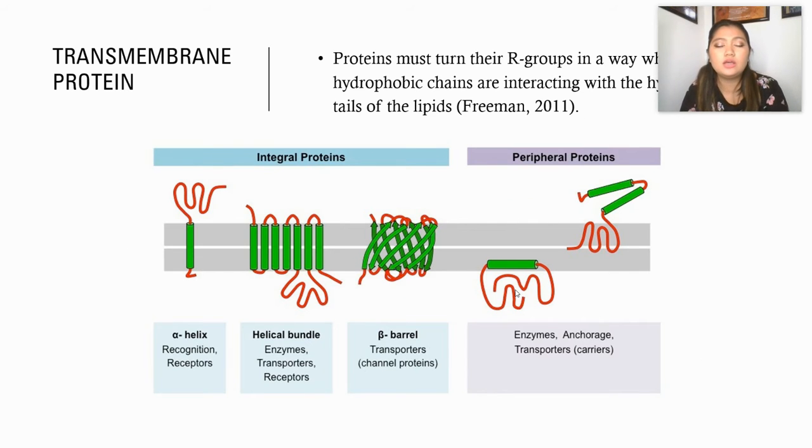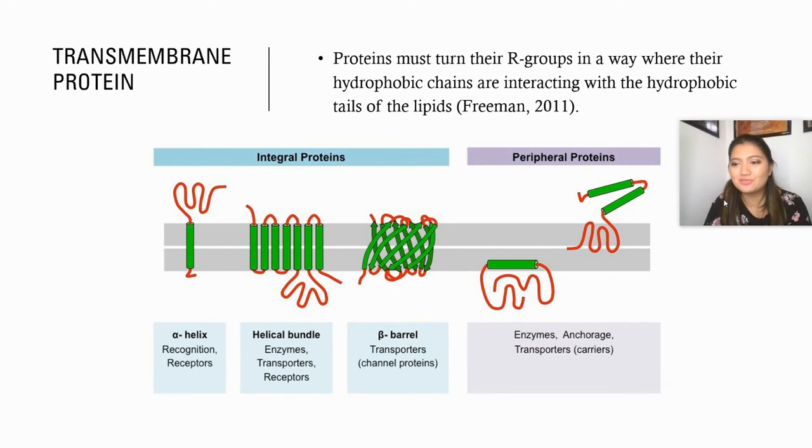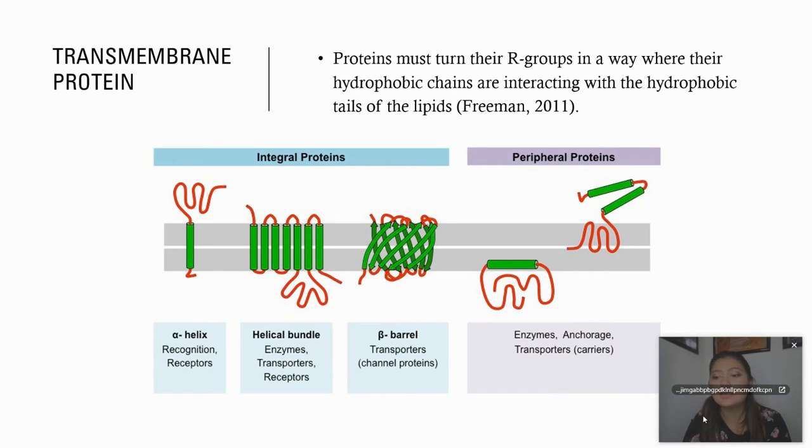Now that we have had an overview of the membrane's properties, we can learn about the proper way that proteins must turn themselves in order to embed in the membrane. I'm going to move myself down a little bit so we can see the rest of the words.